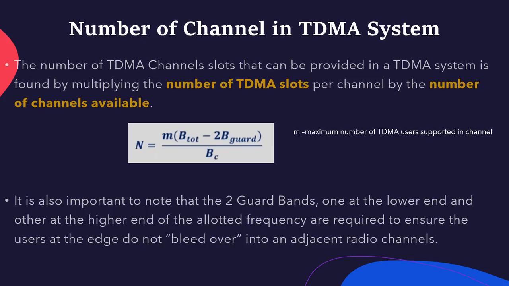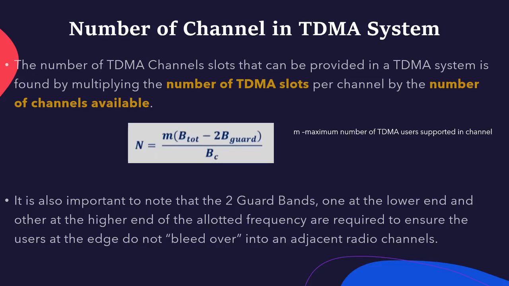It is given by the expression N equal to m times (B_TOT minus 2B_GUARD) over B_C. The only difference between this total capacity equation and the FDMA one is the number of users available in the system; by eliminating the m, the equation is similar to the N equation of the FDMA system.